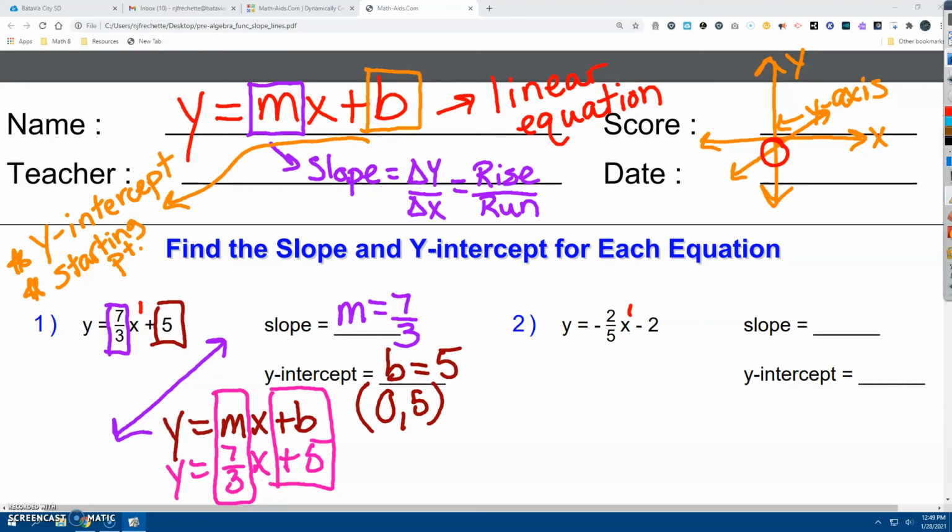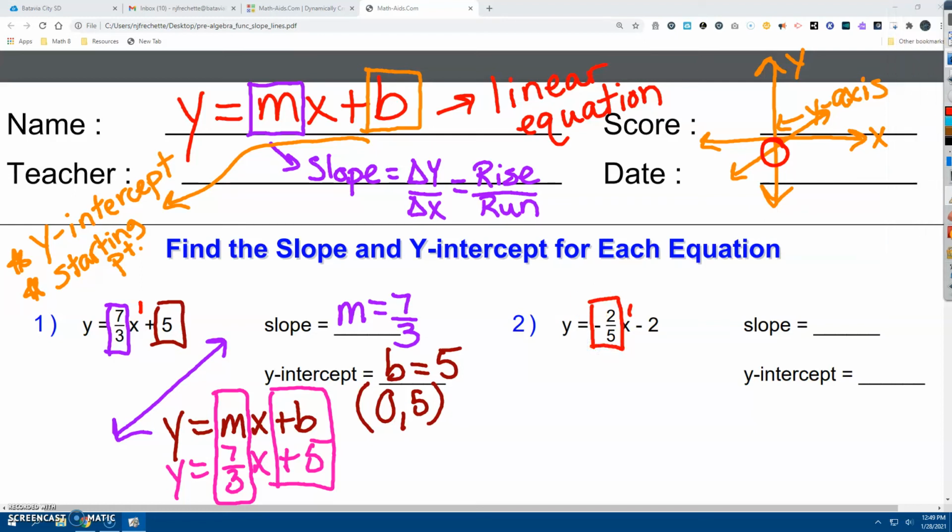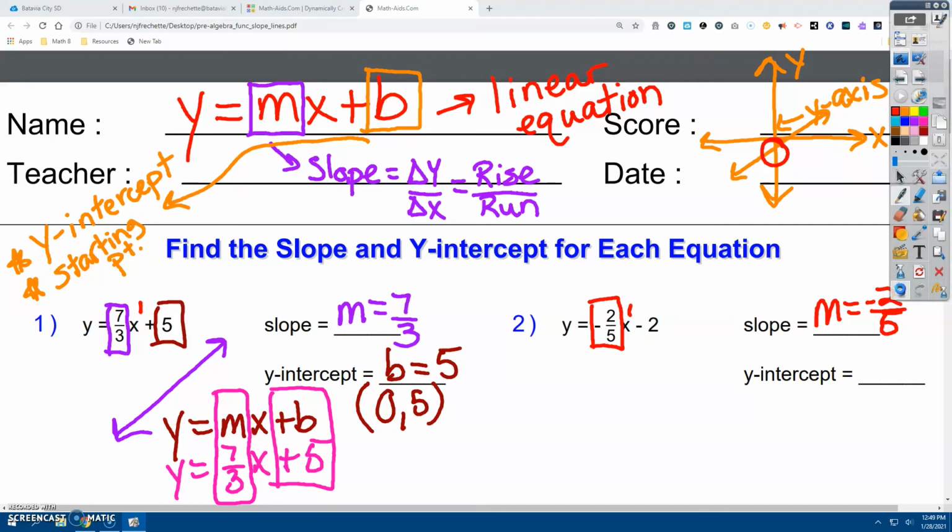So let's look at number 2. Number 2, this one should be easier. If we look at this, we look at y equals mx plus b up there. We know that our m is negative 2/5. So our m is going to equal negative 2/5.